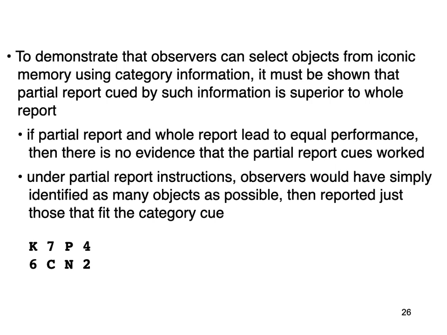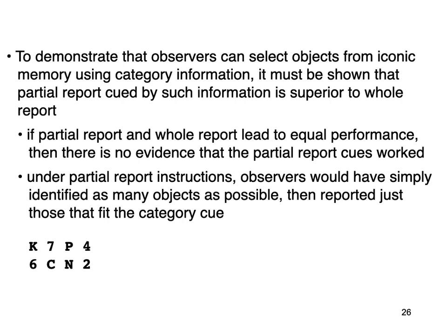So if I say, tell me all the letters that you can see, and I'm just relying on full report, I will say I saw K and P if I'm looking at the top row. But imagine if I say, no, report all the letters, I get more than that. I say I saw K, P, C, and N. That surely means I can download or select from the icon information based on the category.